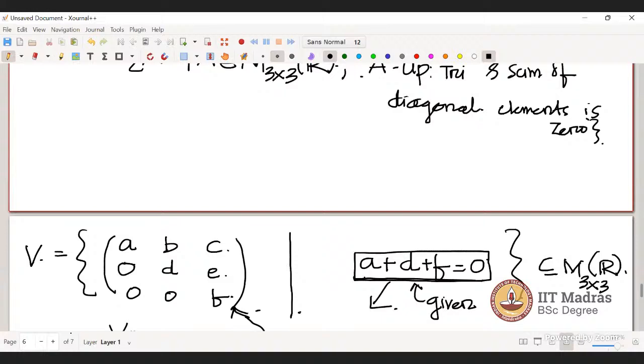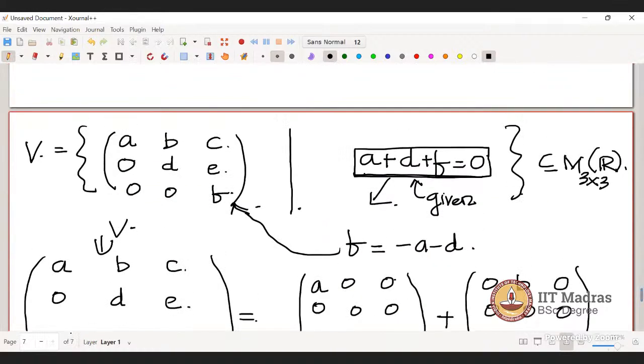Here you don't have a particular matrix, right? You have infinitely many matrices. So this B doesn't contain a single matrix; this space contains infinitely many matrices, right?